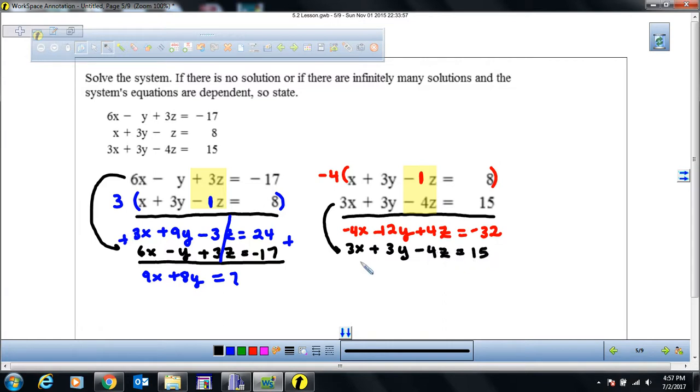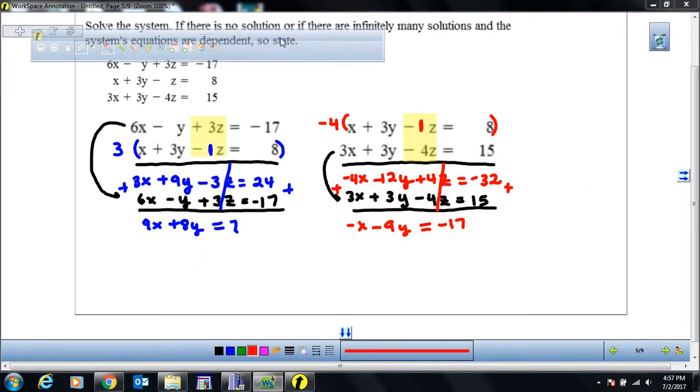So if we add them, what are we going to end up with? -4 plus 3, it's going to be -x. -12 plus 3, it's going to be minus 9y. And the z's cancel, equals -32 plus 15, which is -17.